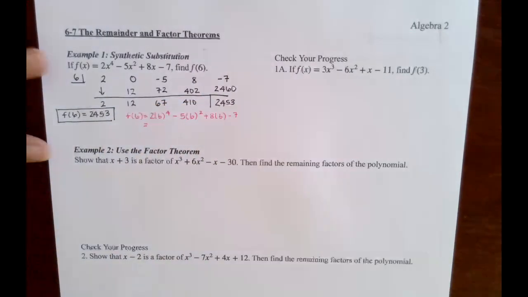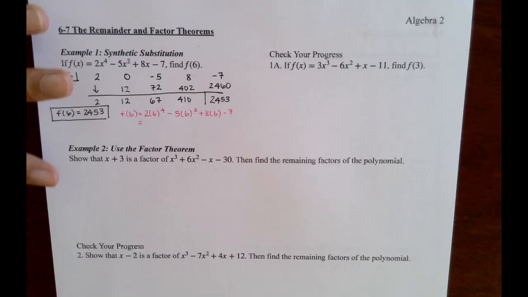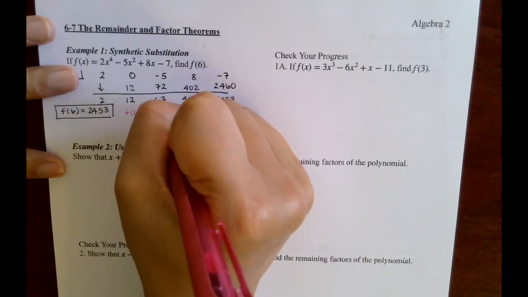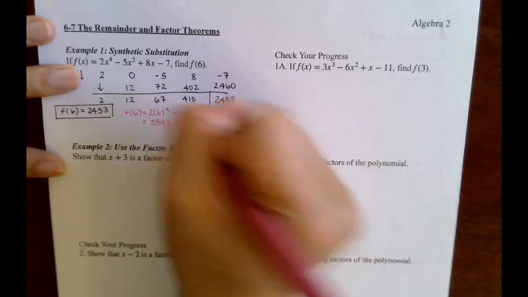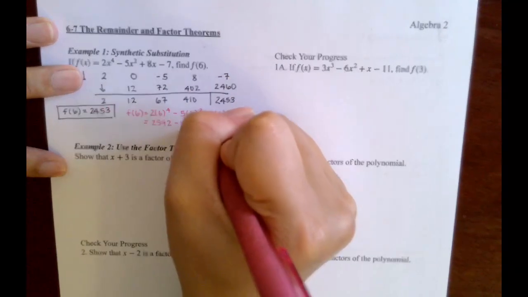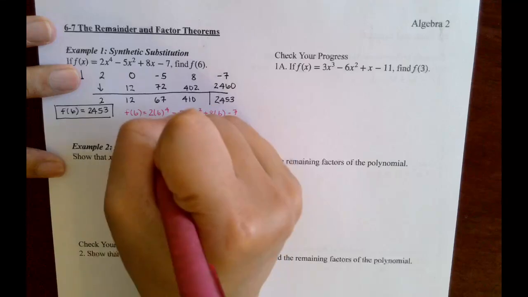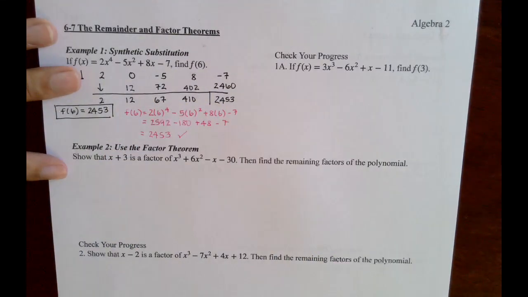Okay. 6 to the fourth is 1,296, and then times 2 gives us 2,592. 6 squared we know is 36. 36 times that negative 5 is negative 180. 8 times 6 is 48, and then minus 7. So let's combine that. 2,592 minus 180 plus 48 minus 7 gives us 2,453, and so it checks out.